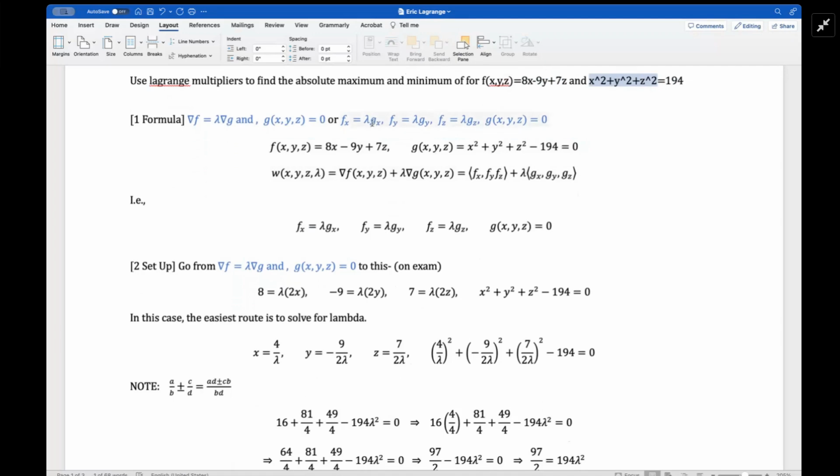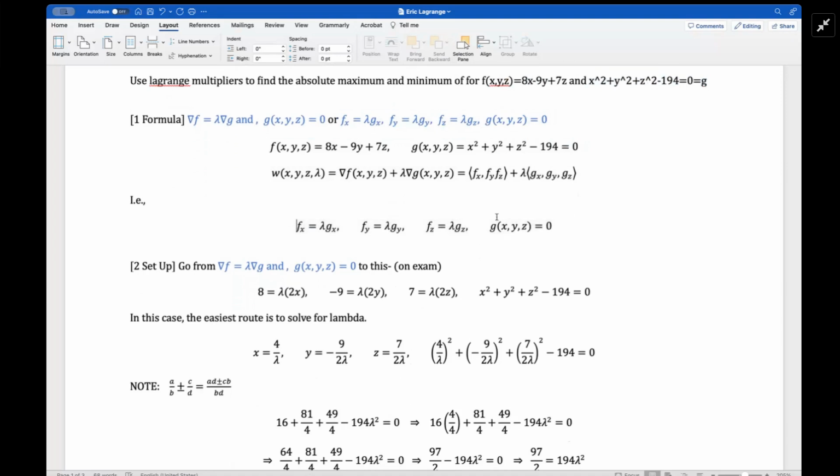And then slap a lambda in there times the g. Then set this function here equal to this function here. All we do is bring this over to this side to be equal to 0, to be equal to g. And so that's all g of x, y, z is. You've got to make sure you take this whole entire piece.